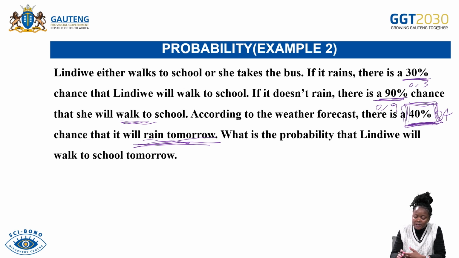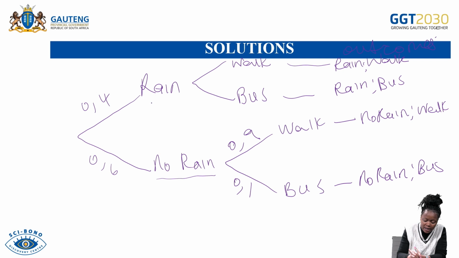Okay, and then we move to the last information that we haven't used. It says, if it rains, there is a 30% chance that Lindiwe will walk to school. So if it rains, there is a 30%, which is 0.3 chance that Lindiwe is going to walk. Where is the other 70%?